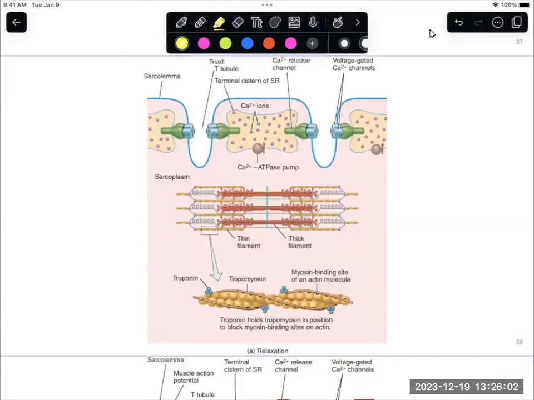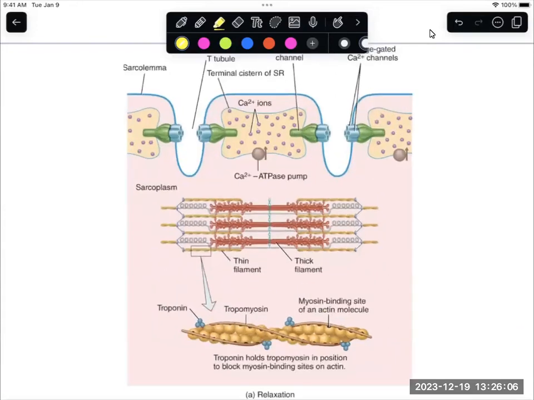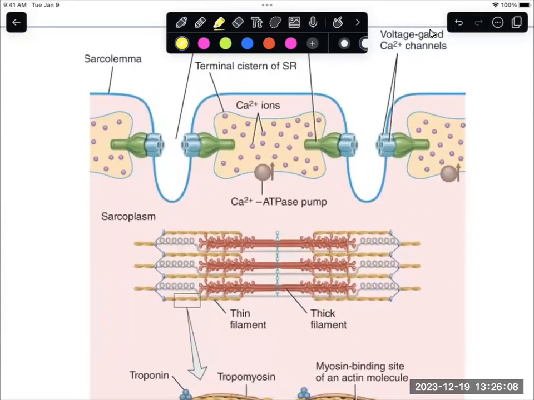So, what we just went through. Calcium is stored in the sarcoplasmic reticulum. They respond to a change in charge within our cell. So we have these voltage-gated calcium channels. When our cell changes its charge, usually more positive, it's going to release these calcium ions out of the sarcoplasmic reticulum.